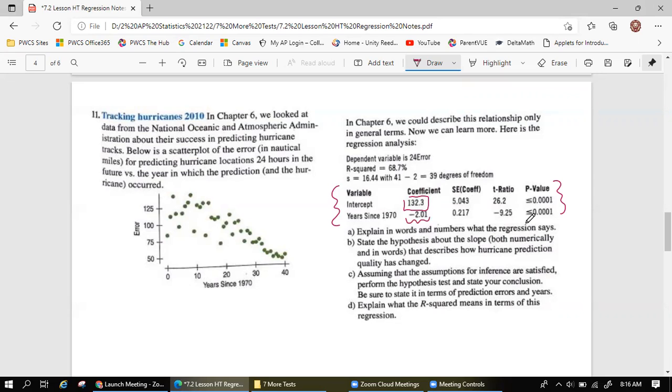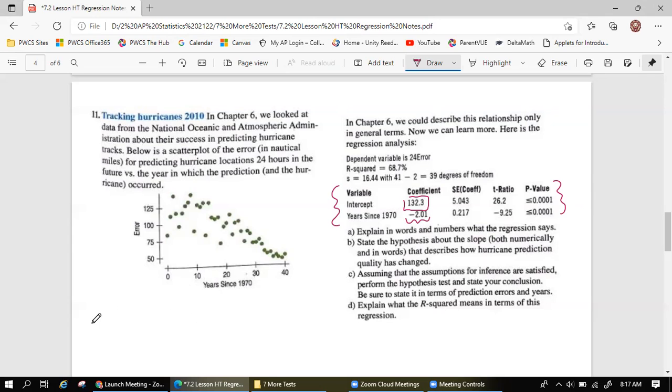So we actually have the p value. The probability, in this case, would be the probability that we get the results that we have if there really is no relationship between hurricane tracking and how far we are from 1970. And so our regression model would look something like this.